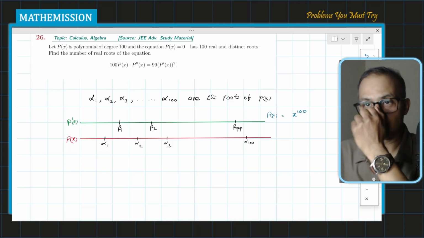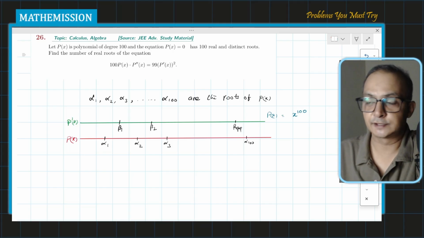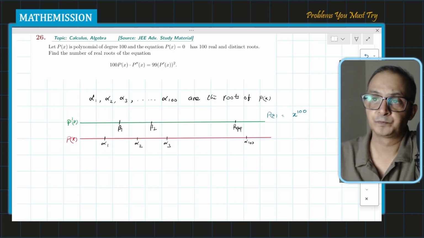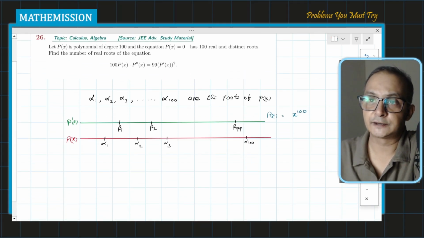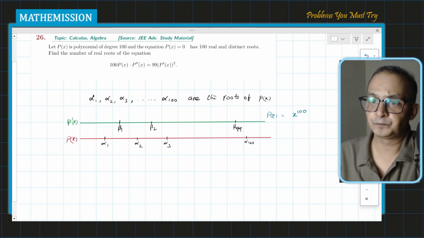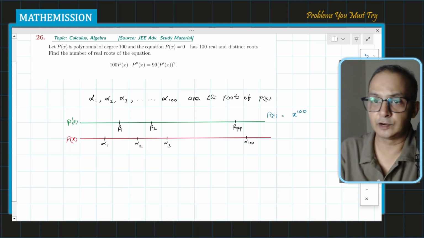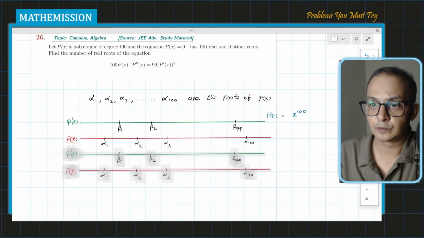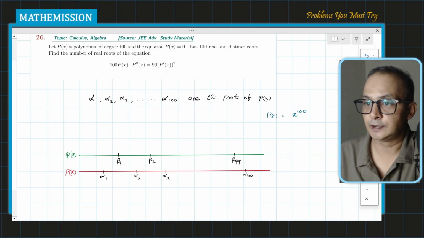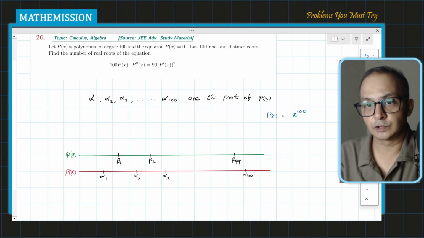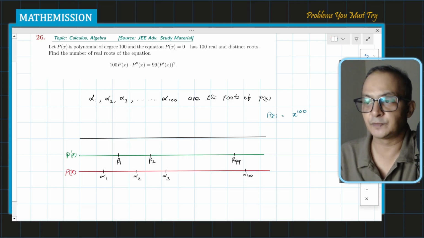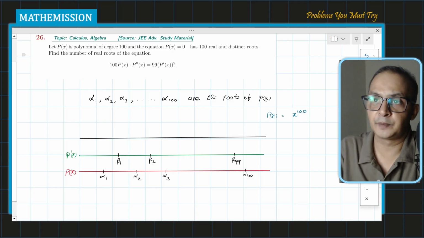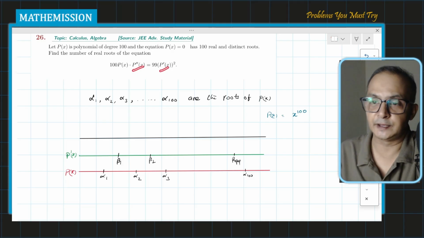So let's try to analyze the sign of this quantity. How do we analyze it? Now I'm going to locate the roots of p double dash x, because there are three things involved here: p dash x, p double dash x, and p(x).